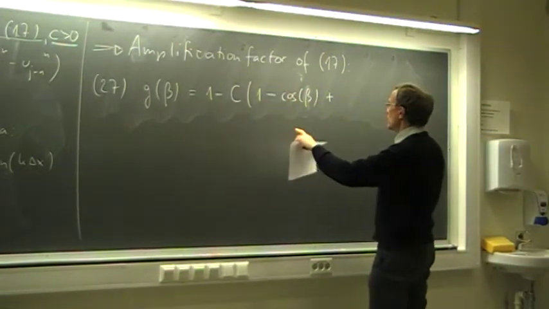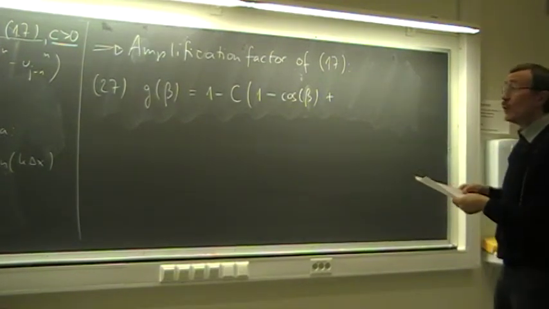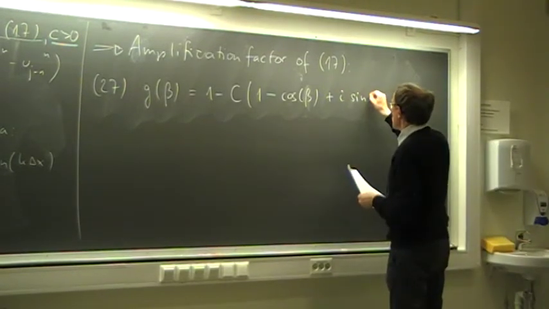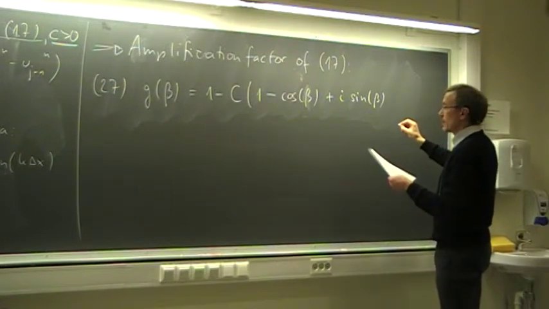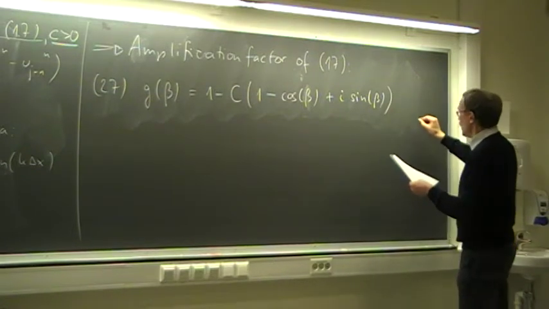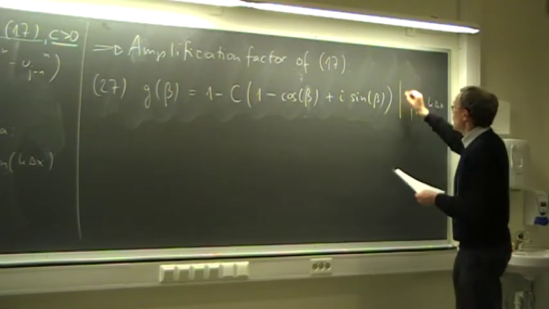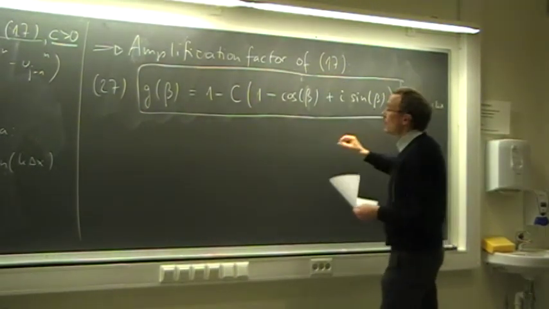Let's see if we have still the minus. I think we have minus minus, so that's therefore plus, it's right. It's I sine of beta. And that is a bracket around this. And the beta is equal to k delta x. So this is the amplification factor of the explicit upwind method.